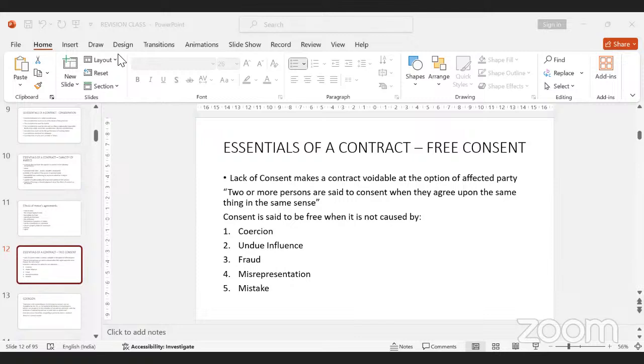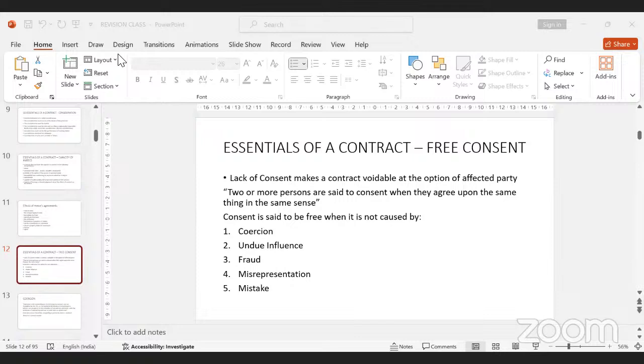The next one is undue influence. Sometimes people don't threaten, or it is not out of fear, but it is out of some undue influence. That means one person is in a superior position to the other person, like a master and servant, or a doctor and a patient. So even such kind of consents are not said to be free consent.